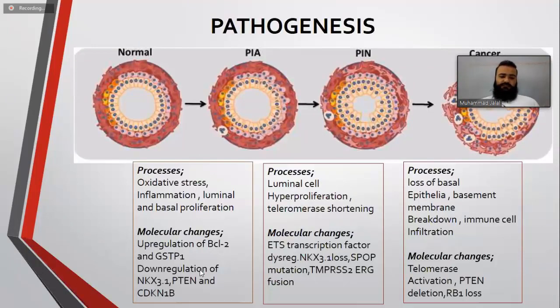In the second, inflammation and proliferation are shown, with molecular changes such as ETS1, down regulation of NKX3.1 and CDKN1B. Then hyperproliferation and telomerase shortening, and the molecular changes that occur are ETS transcription factor dysregulation, NKX3.1 loss, SPOP mutation, TMPRSS2-ERG fusion.